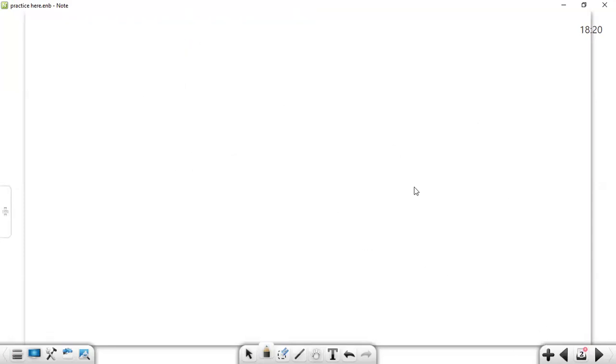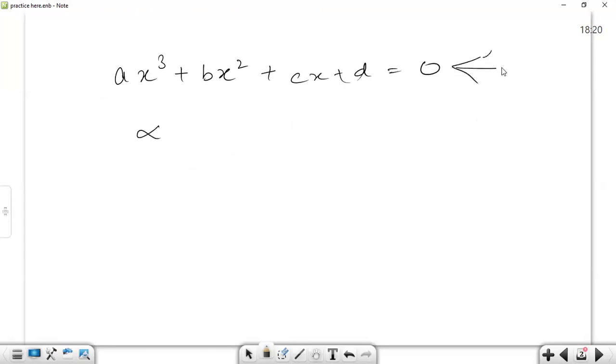So one more concept. A cubic equation having three roots. So the sum of roots will be, please answer.